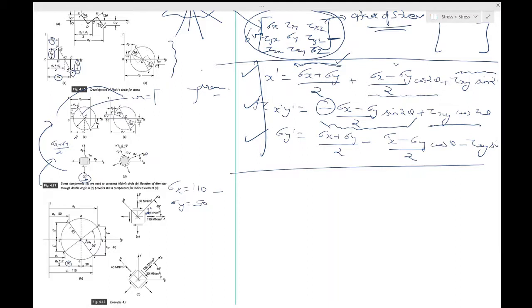Now you have to find the x dash y dash line. So how do you go about doing that? You see, the angle which this forms and which this forms is separated by this 2 theta.